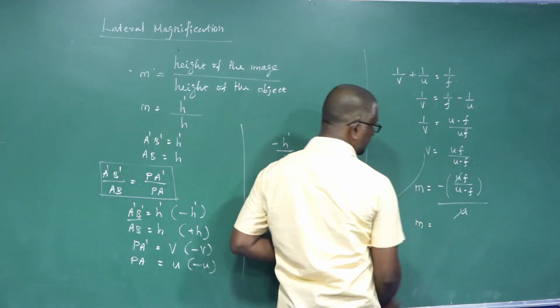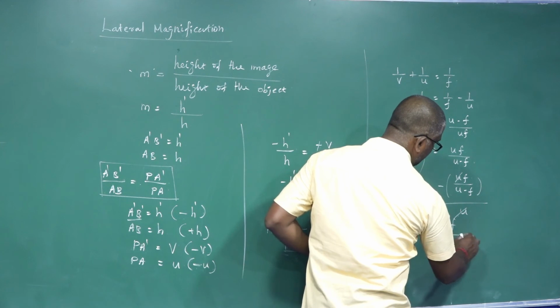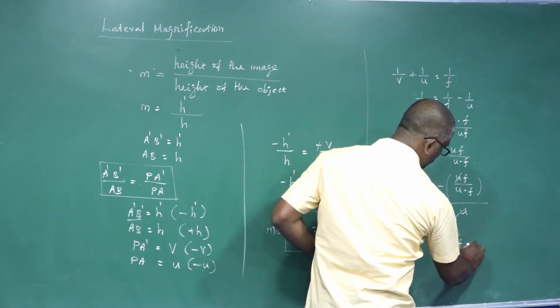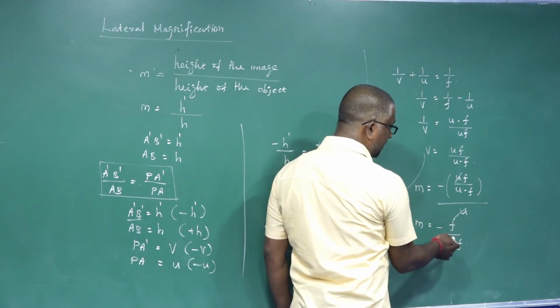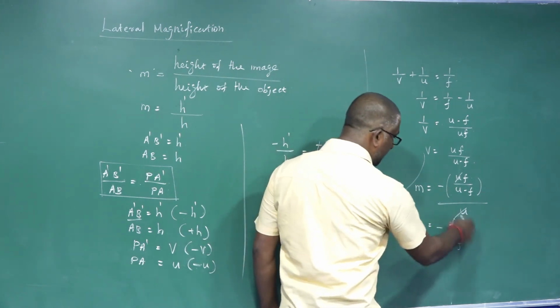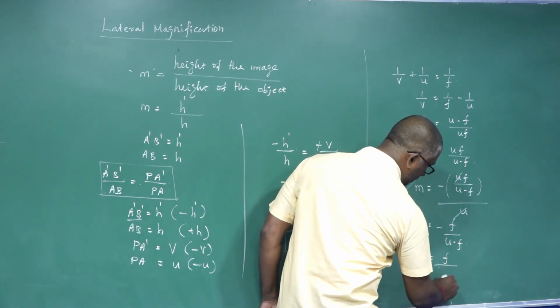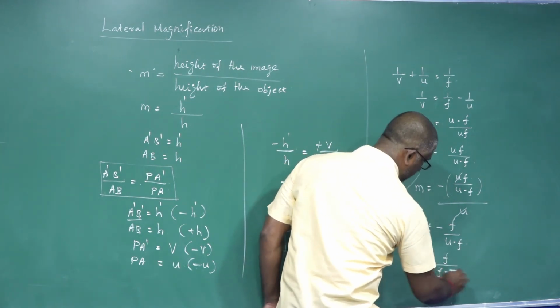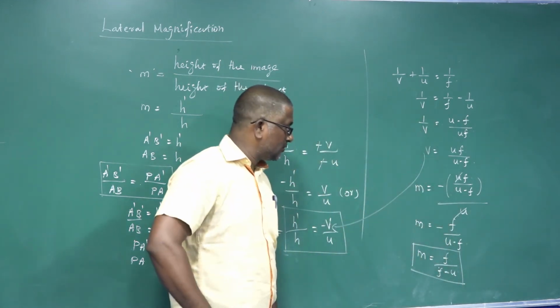So therefore m is equal to minus f divided by u minus f. Both the numerator and the denominator are multiplied with the negative sign. Then this equation becomes m is equal to f divided by f minus u.